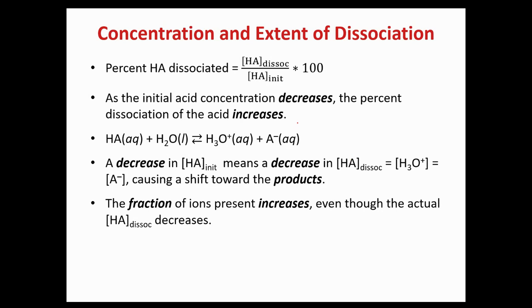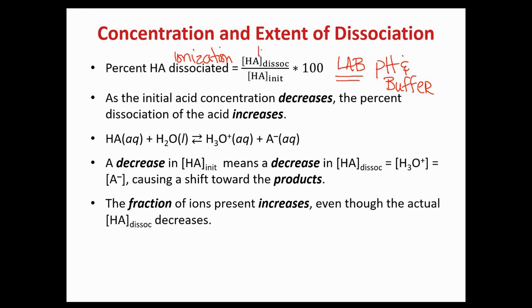This is a conceptual question for the next part, and this is something you're going to be exploring in your lab for pH and buffer. The percent of dissociation or ionization is how much has dissociated and how much you have initially.